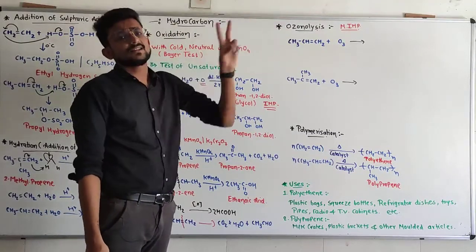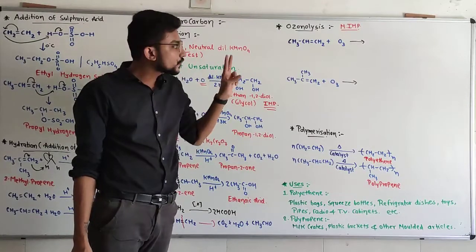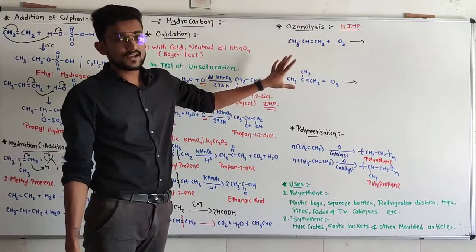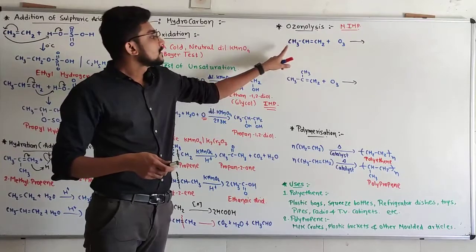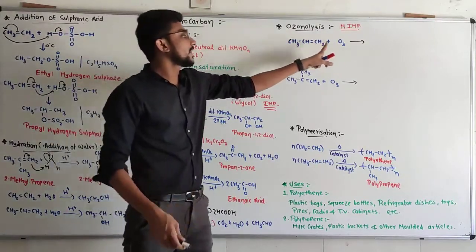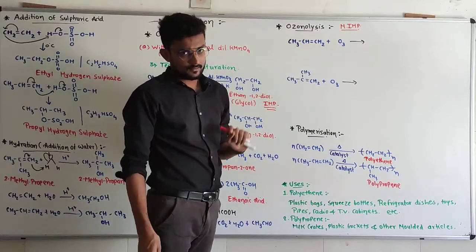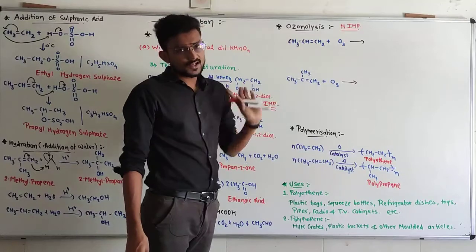Ozonolysis takes place in two steps. I have not written the reaction because I am going to explain it. For ozonolysis you will require ozone, and here we have propene, CH3 CH double bond CH2.